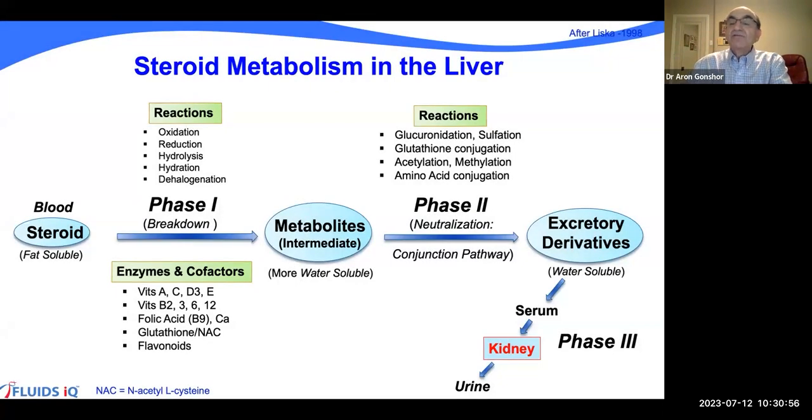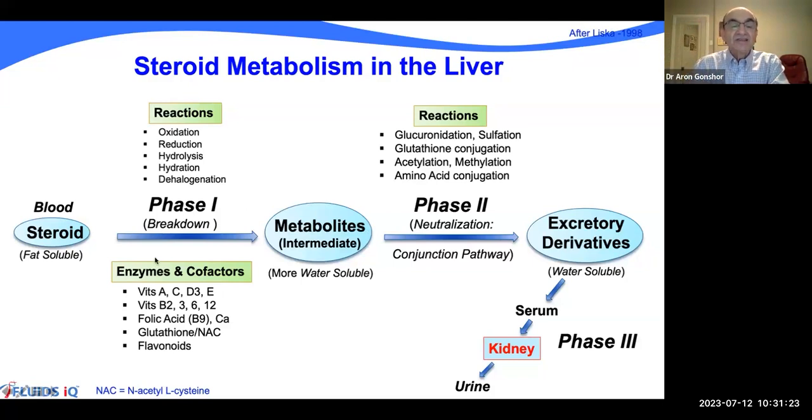What you need to be aware of is that when you are looking at metabolism, which is what the urine samples give you, most of that takes place in the liver. And you start with steroids in the blood, most of them in a fat-soluble state, and the liver breaks it down in the classic 2 phases of liver metabolism.